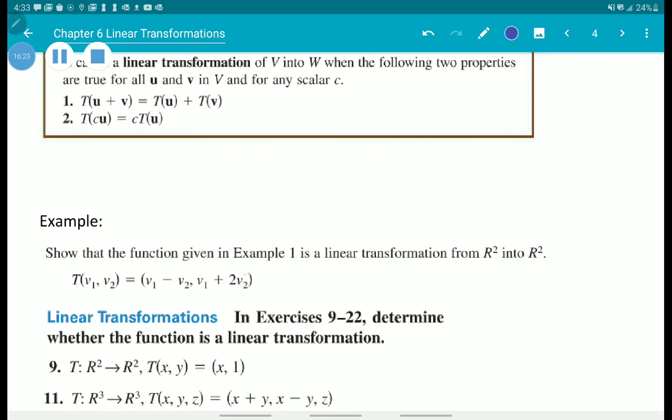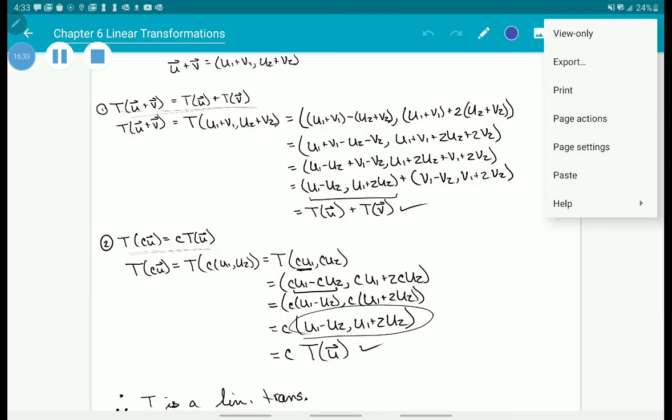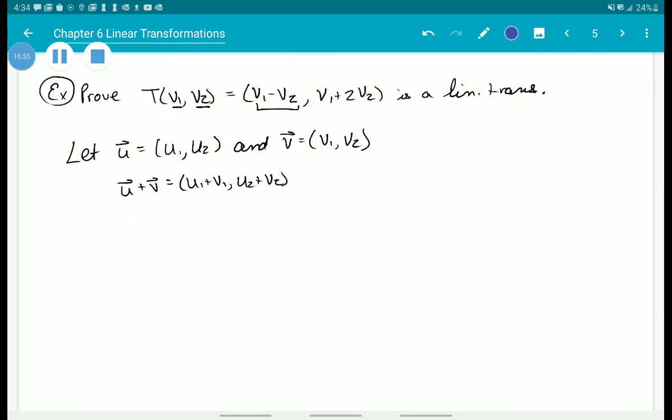So we want to show that this is a linear transformation from R2 into R2. I'm going to do that on the next page. So we want to prove this guy's a linear transformation. We're going to start with a couple of generic vectors, u and v, and we're going to let c be a scalar.